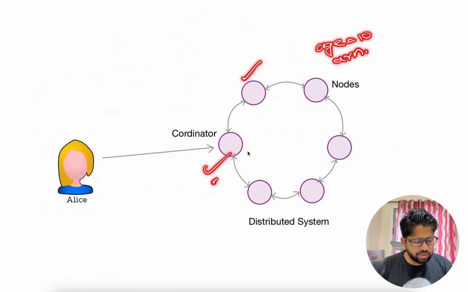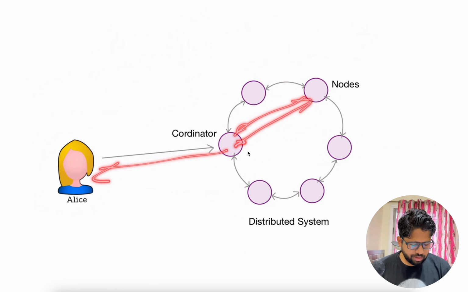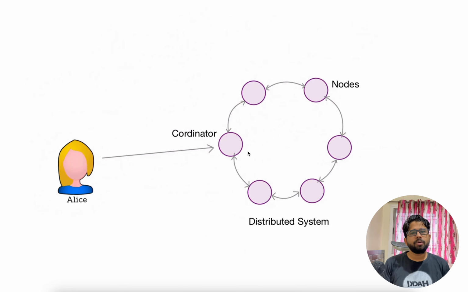We don't yet know which node has the data, so the request will go to the coordinator node. The coordinator node will figure out with the help of a hashing algorithm, okay, we want to get data for Arun, in which node would the data be located. Then the request will go to that node, that node will respond back with the data, and then Alice will get the data. That's the overall overview: you connect to one of the systems and then you get data from the particular node.